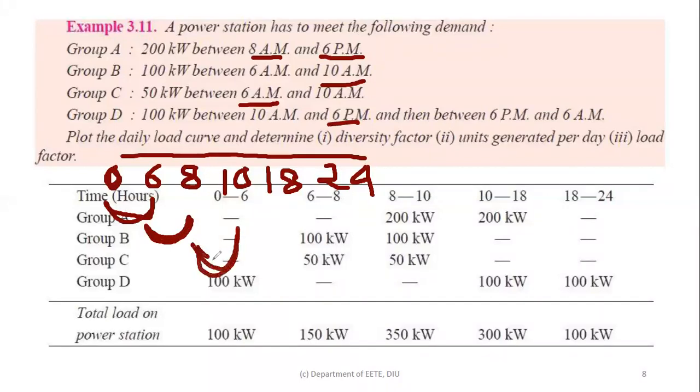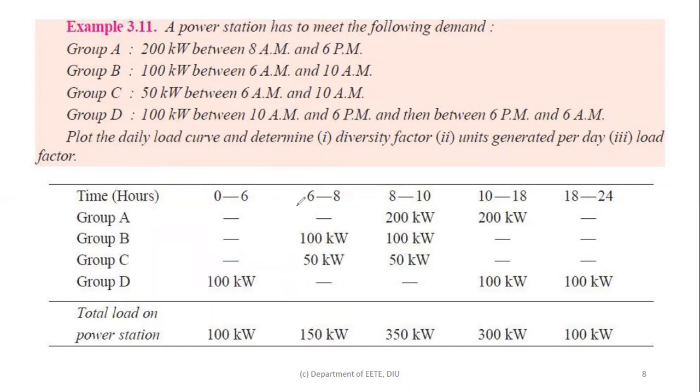The fourth zone will be 10 to 18, and the fifth zone will be 18 to 24. That's how you need to divide the whole day into these 5 sections using the information from the question. Okay, so let's clear all and go to that.